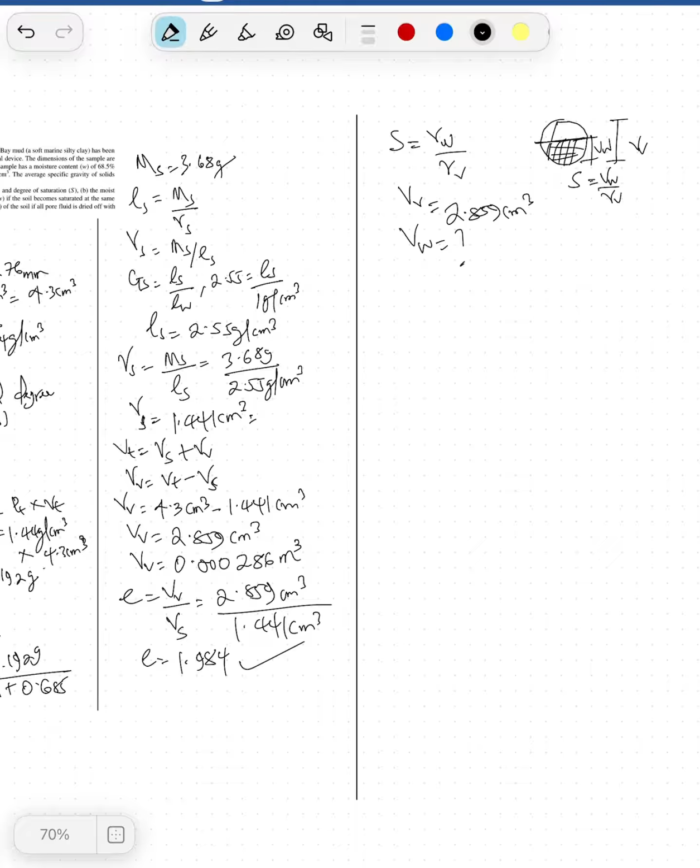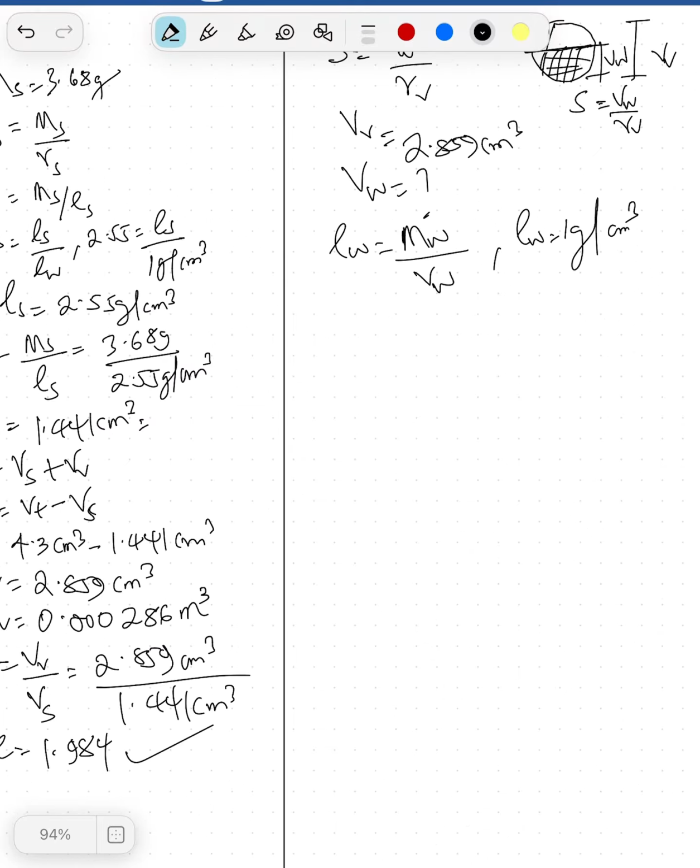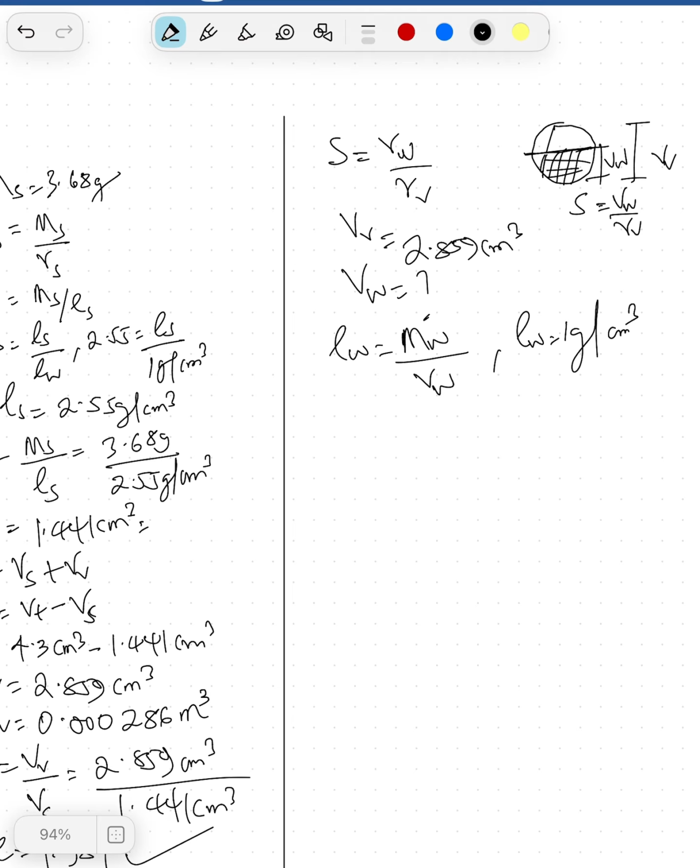We know that density of water equals mass of water over volume of water. We know the density of water to be 1 gram per cm cube, and we need the mass of water. So how do we get the mass of water? Water content equals mass of water over mass of solid. So mass of water equals water content times mass of solid.